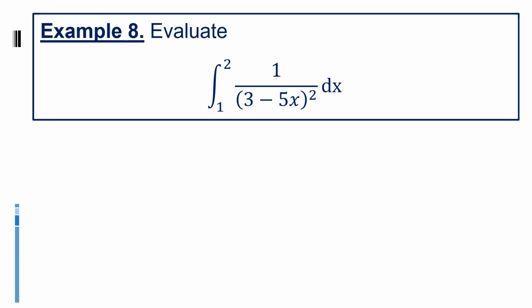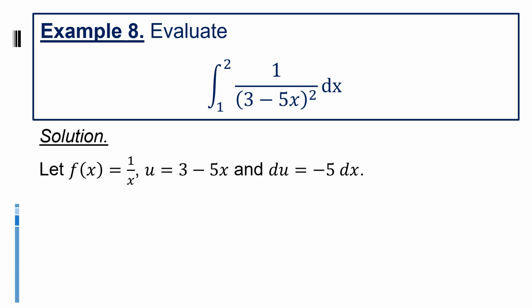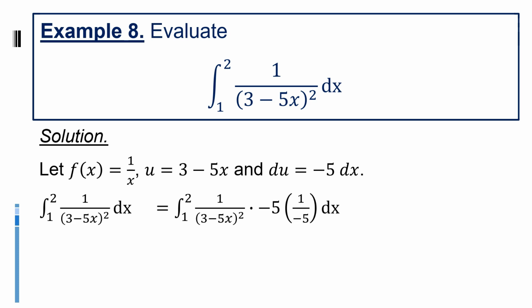Now using that method, let's evaluate the integral from 1 to 2 of 1 over (3 minus 5x) squared. So for our solution, syempre ang f of x natin is 1 over x. Ang u natin is 3 minus 5x. At ang kanyang derivative is negative 5 dx.